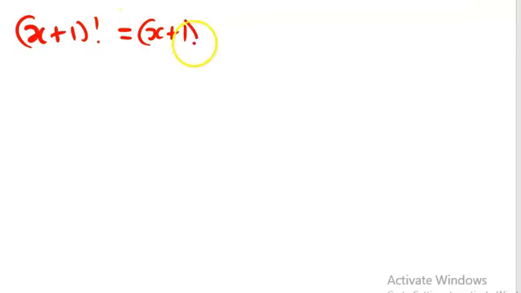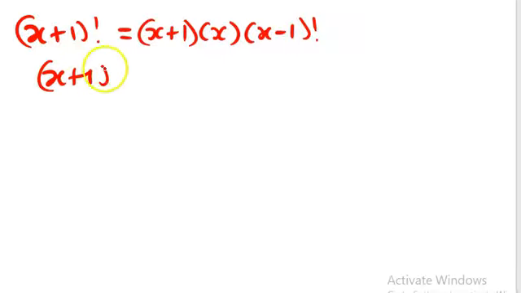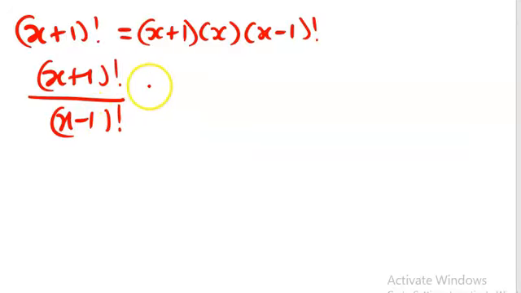So (x + 1)! can be written as x + 1. Now when you reduce this by 1, it will be left with x. And then when you reduce this by 1, you have (x - 1)!. So the equation can be written as (x + 1)! over (x - 1)! equals 56.